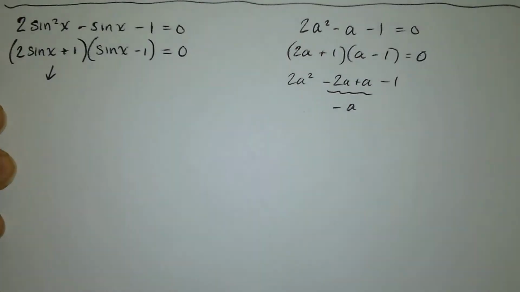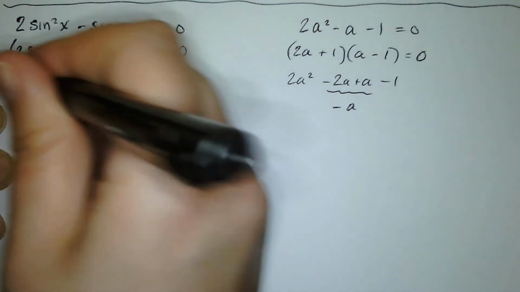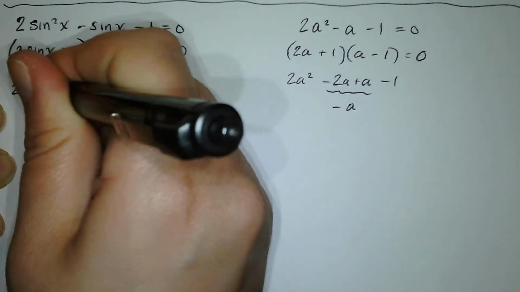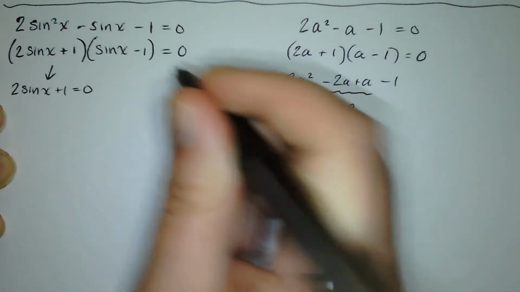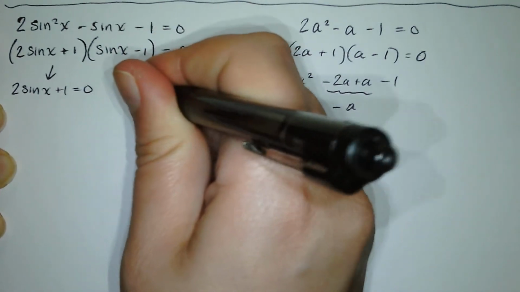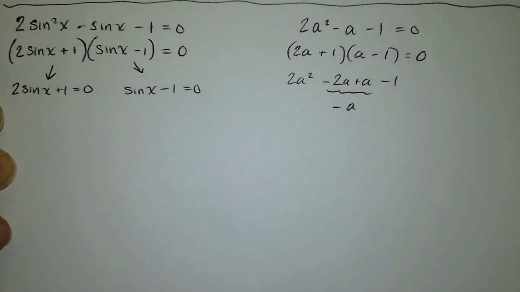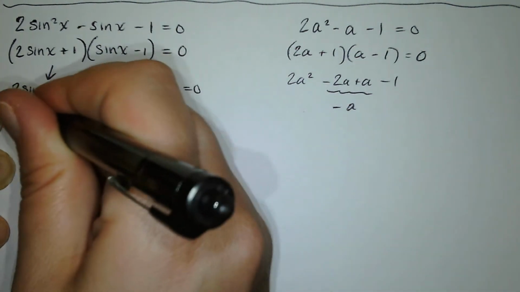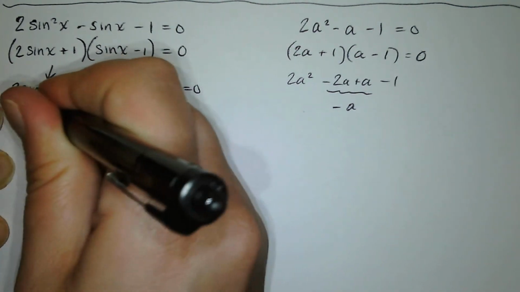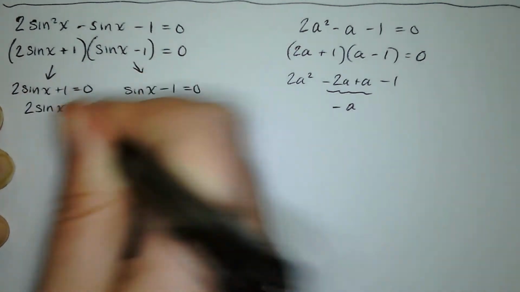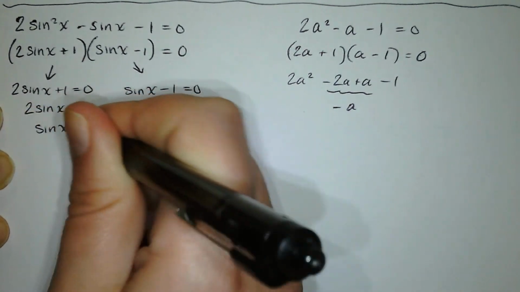Anyhow, same thing as up above, zero product property, separate these. 2 sine x plus 1 equals 0, and sine x minus 1 equals 0. When I solve this, 2 sine x equals -1, and sine x equals -1/2.